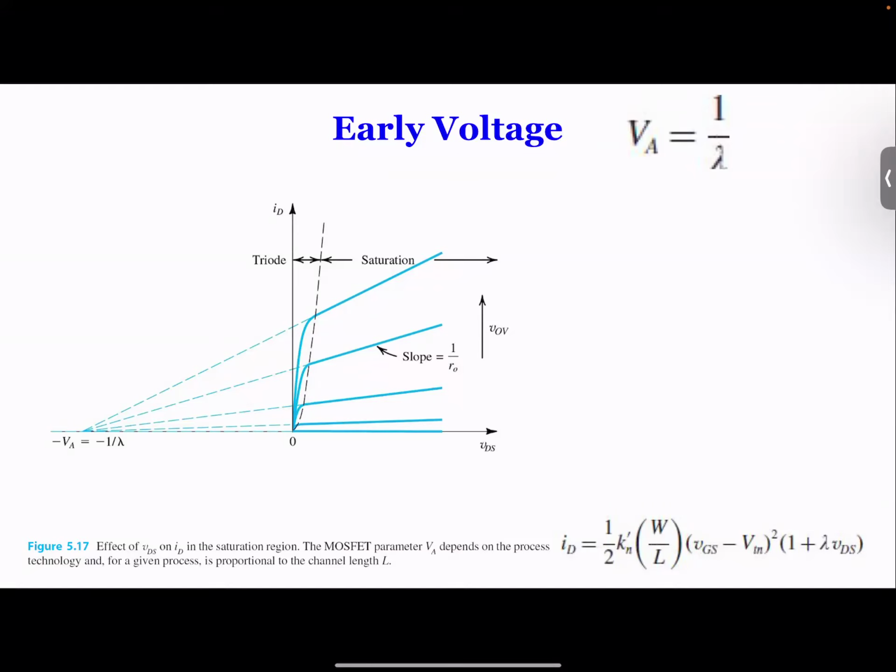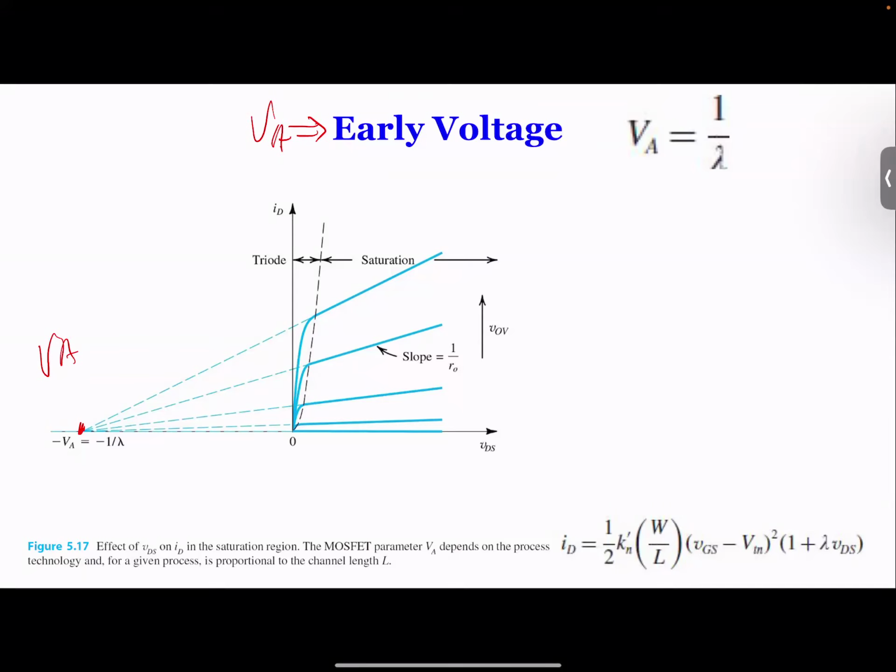At that point, it's what we call the early effect. This point over here, because the horizontal axis is voltage, that cross point corresponds to a certain voltage. And that voltage, we call it early voltage, VA.